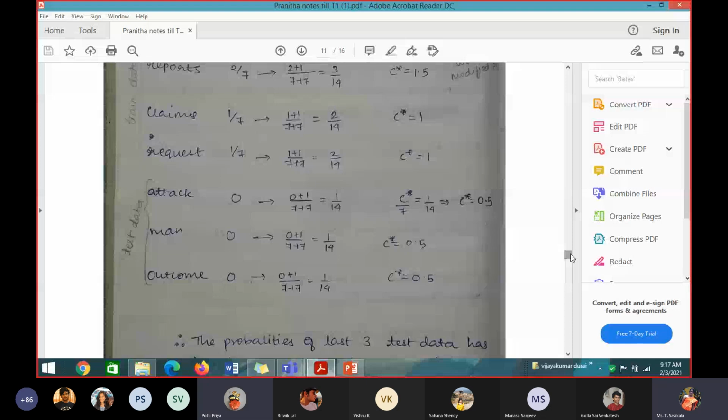Actually, it should be add 1 smoothing only, because 0 words will be seen 1 time, so that when you multiply the probabilities, the result will not be 0. When I pretend as if I have seen the 0 words 1 time and multiply the probability of the bigrams, will we get 0 or will we get some value? Some value. So for that concept only we are going for add 1.